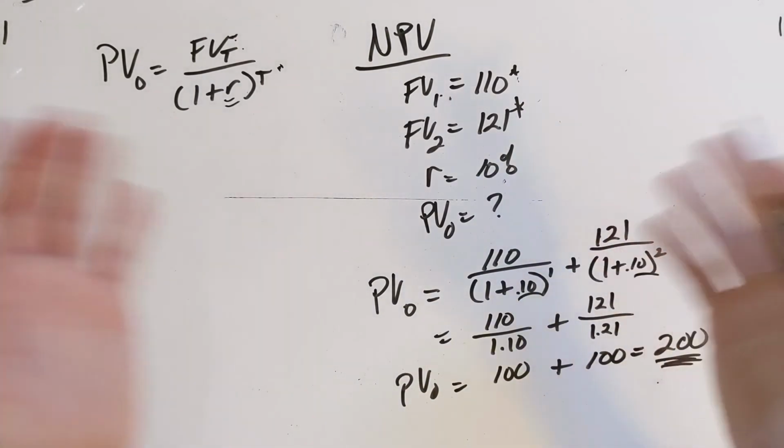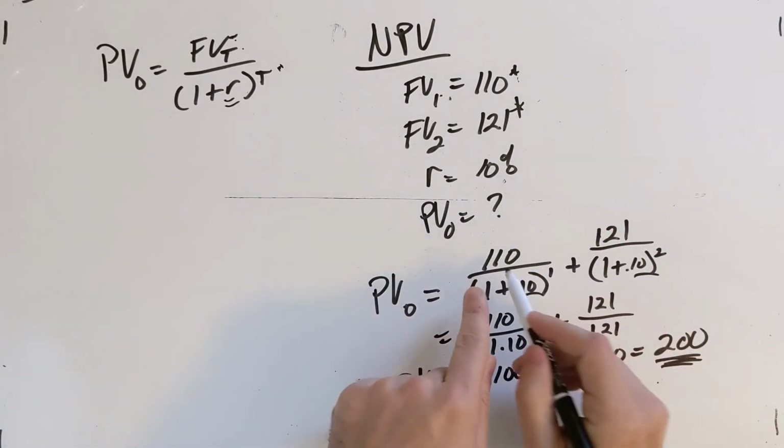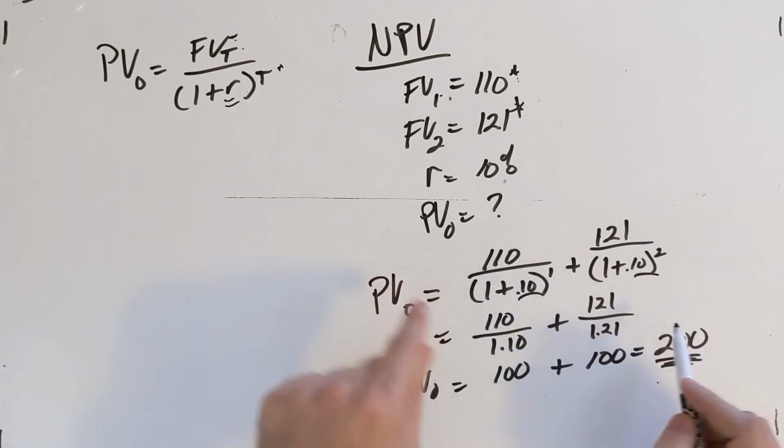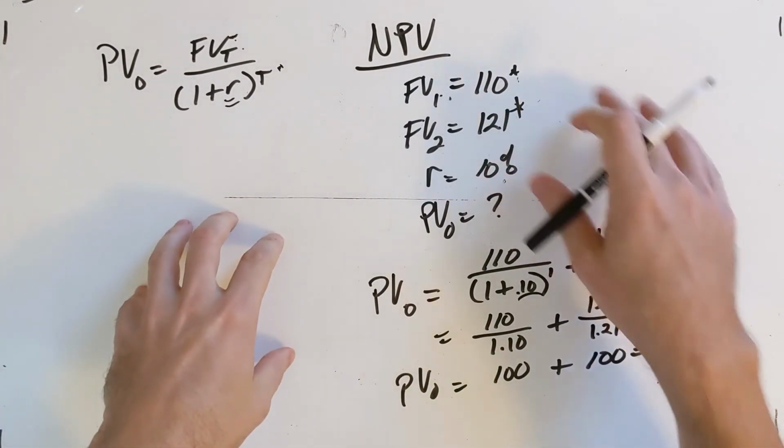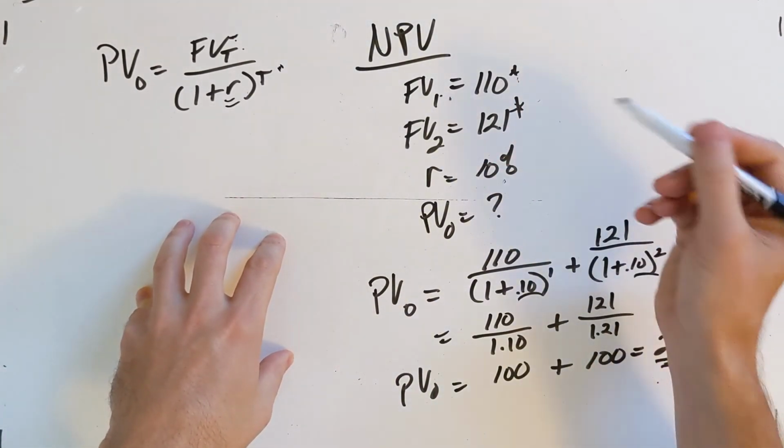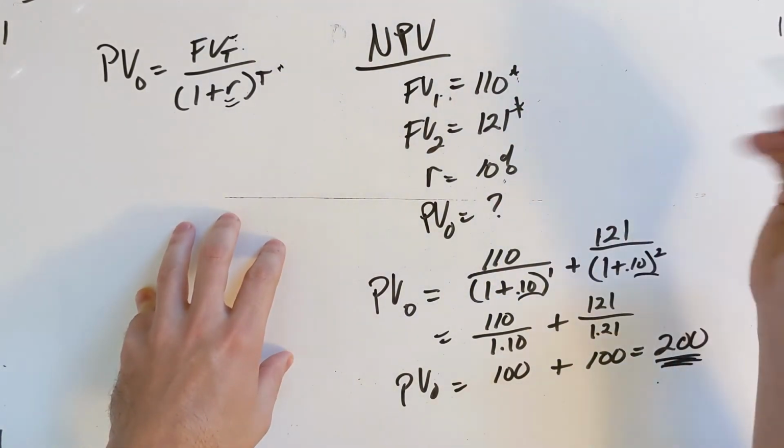And so this is how NPV works. We find the present value of each future cash flow, we add them all up, and that equals our present value.